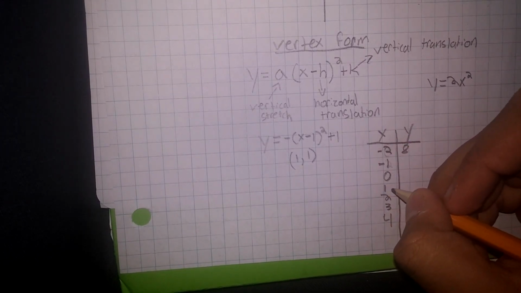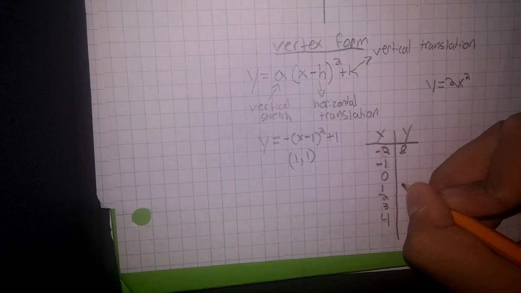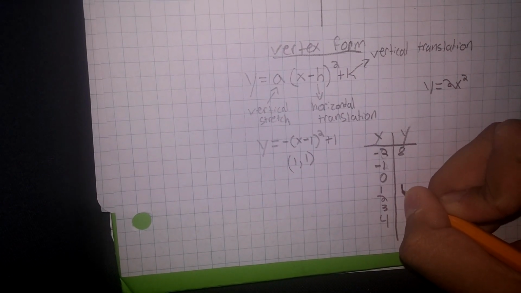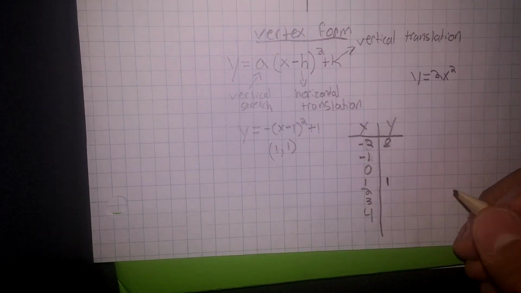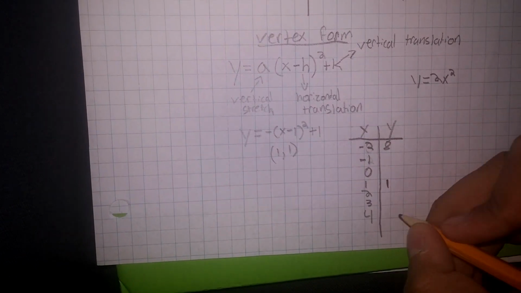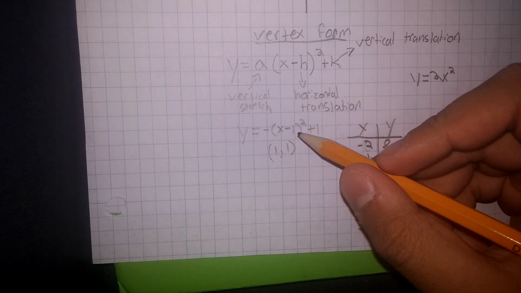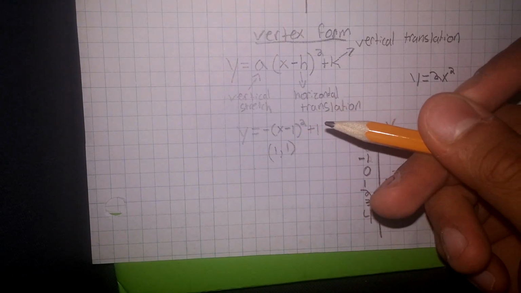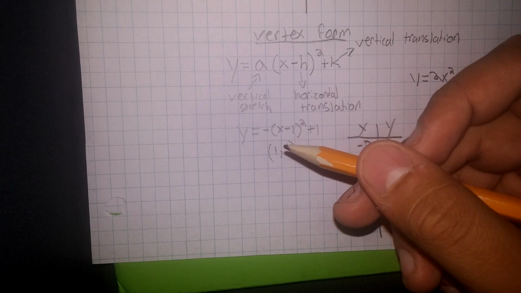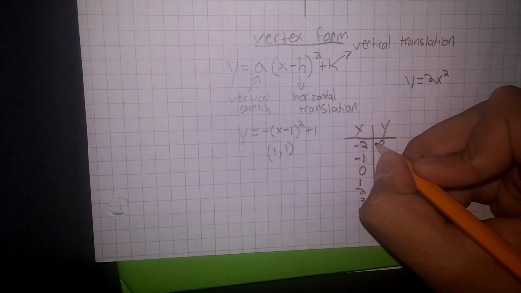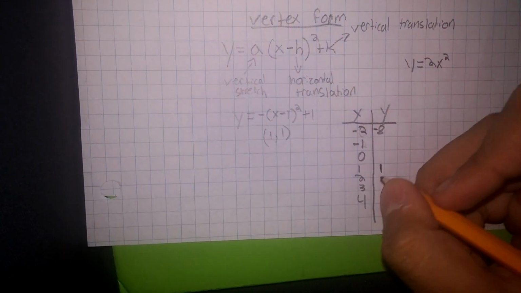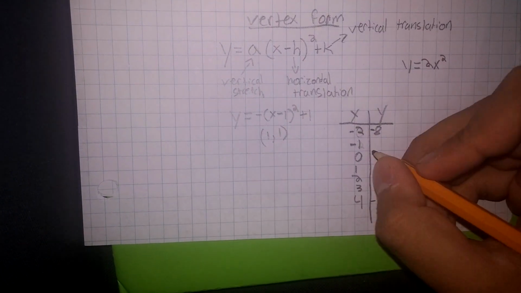This is our point right here. We already know that 1 is going to be at 1. And then we can go ahead and put negative 8 over here, because we know 4 minus 1 will equal 3. 3 squared again is 9. Negative 1 times 9, negative 9, plus 1 is negative 8. So this will be negative 8 too.